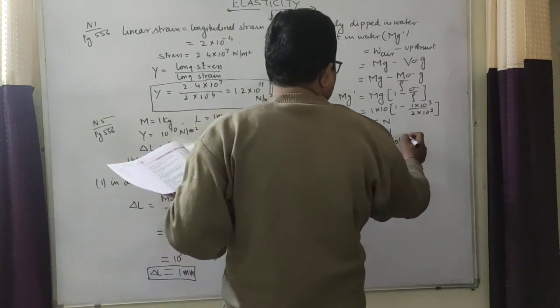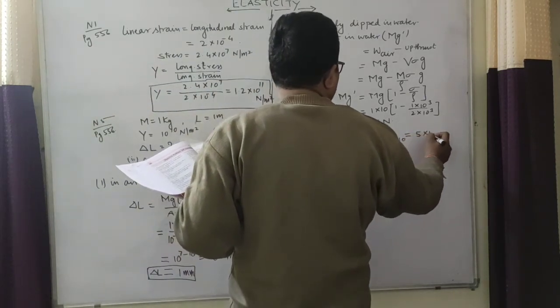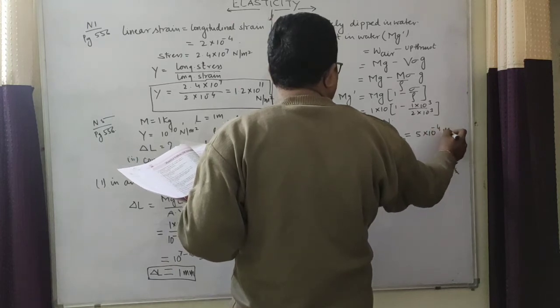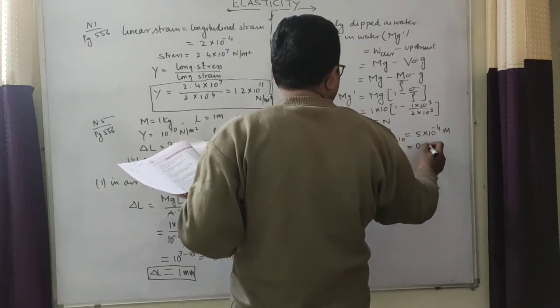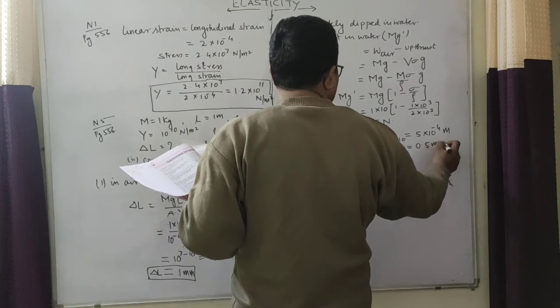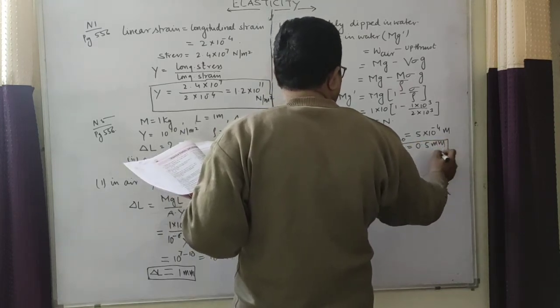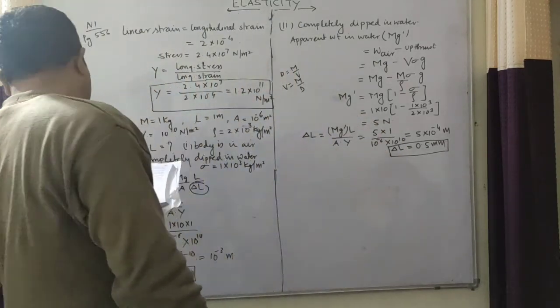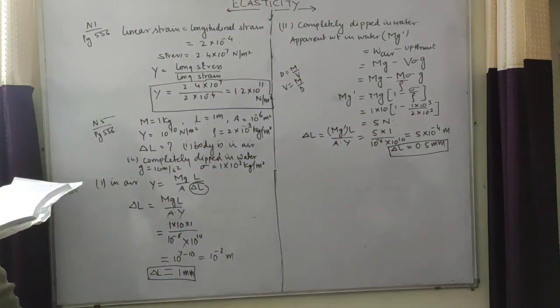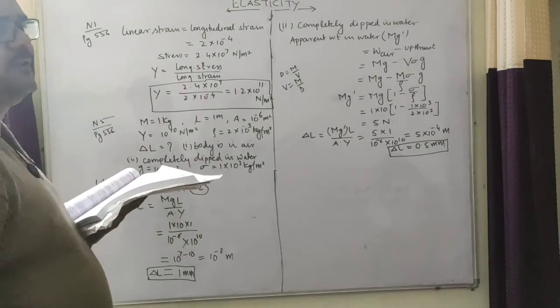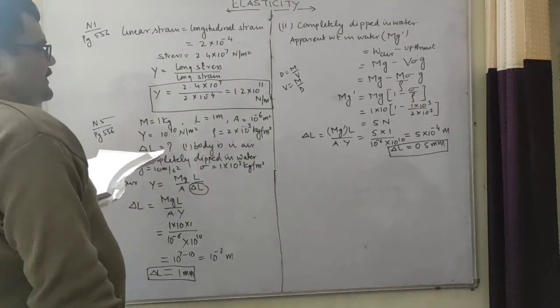So you will get it as 5 into 10 to the power minus 4 meter, which is equal to 0.5 millimeter. So this is the answer in case of liquid in which the wire is dipped. This is the answer for the second part, numerical number 5 on the page 556.